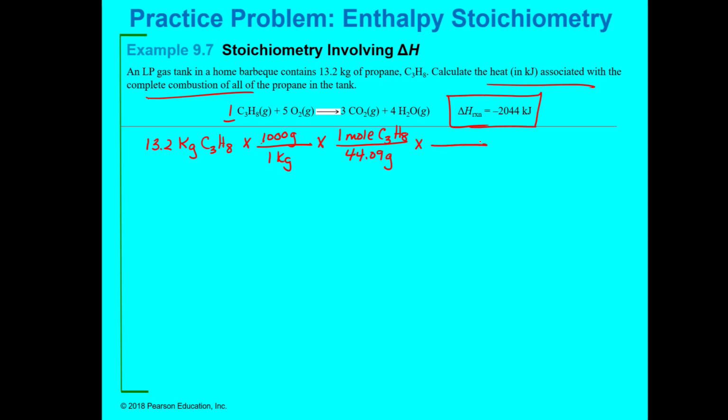Then you're going to multiply it by the negative 2044 kilojoules per mole of C3H8. And then you're going to be able to punch that in your calculator, and you're going to get a negative 6.12 times 10 to the 5th kilojoules, it's going to be given off, right? Because this is exothermic, because you're releasing that much energy.